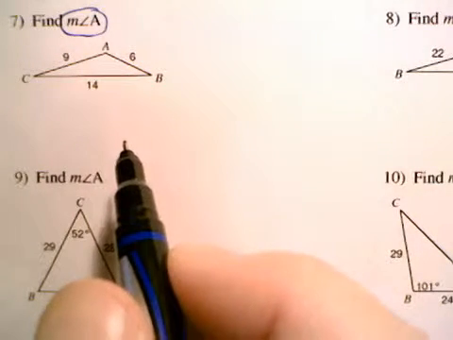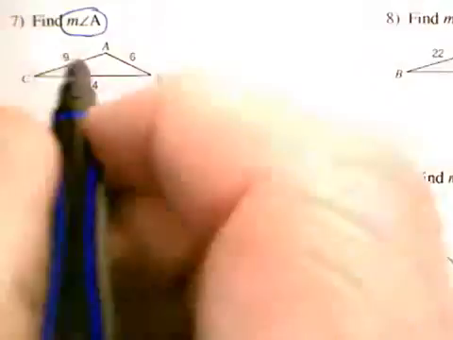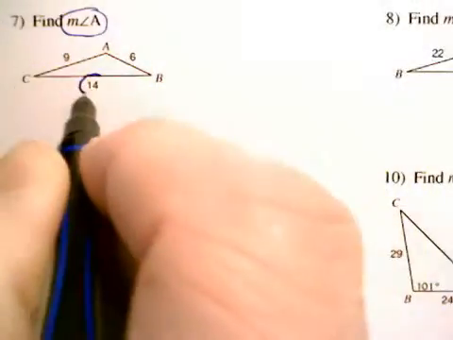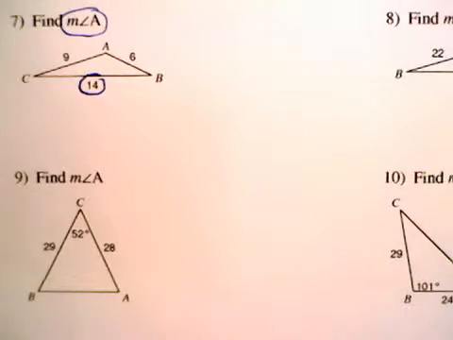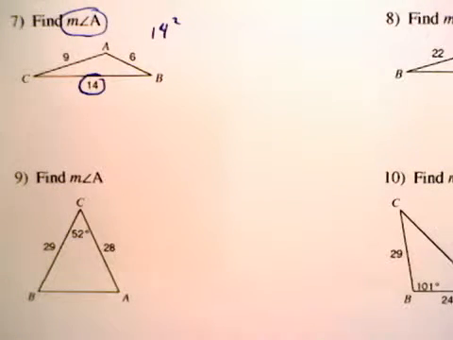In order to be efficient with the use of our time, we want to look at the side opposite angle A, and we want to write an equation involving the length of the side. Last year's book gave you an actual formula to remember if you're given the 3 sides of a triangle in order to find an angle.